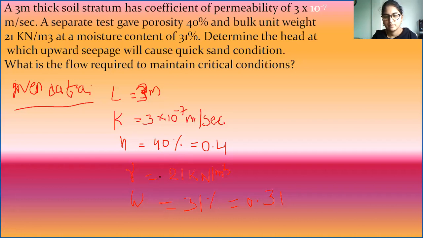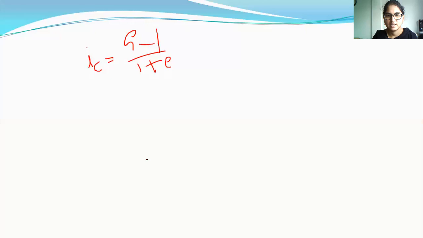Now G is equal to specific gravity. Void ratio is not given, but here porosity value is given. e is equal to n by 1 minus n. Now calculate void ratio.